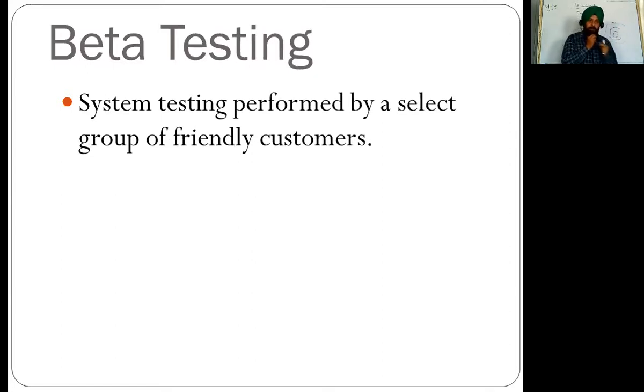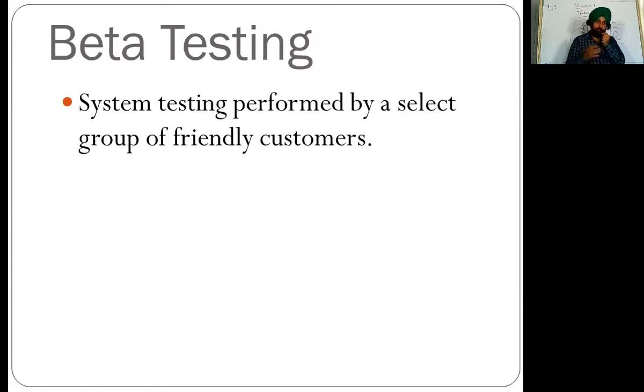Then comes the beta testing. Beta testing is performed by a select group of friendly customers. The product is not yet launched in the market. Before that, some customers who are known to you, your well wishers, are given your product. You ask them to use this product and find out if some discrepancy is there.